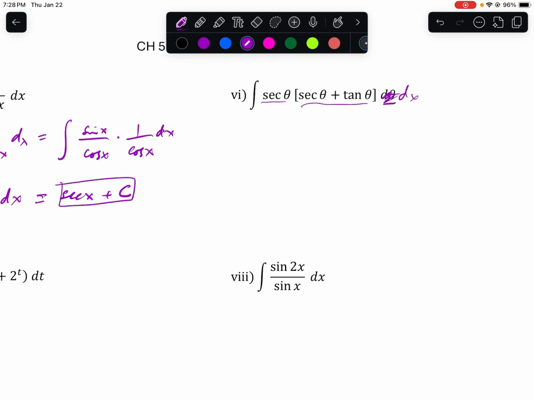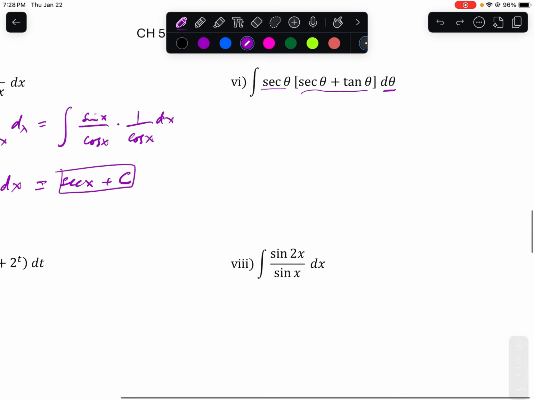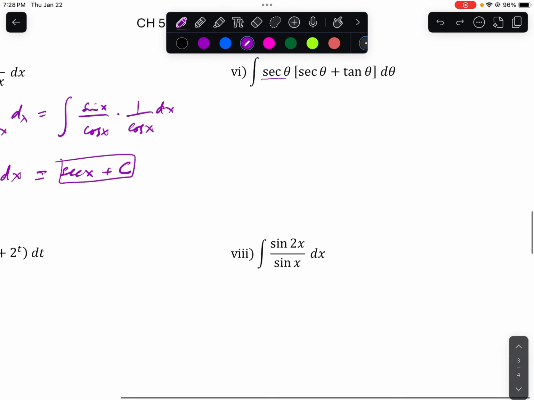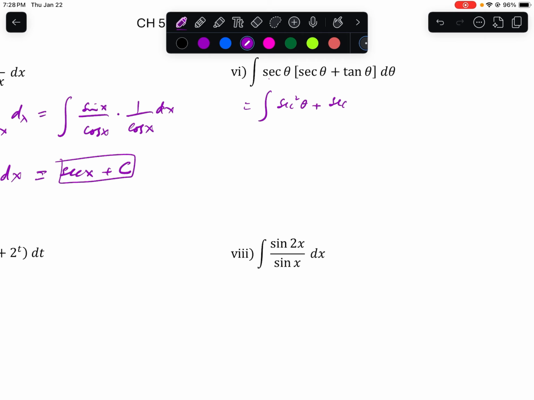So keeping it the same way with the theta, what can we do? Since this is a product and we don't know the product rule yet for integration, what will we do? Distribute. So if you distribute, you get secant theta times secant theta, which is secant square theta, plus secant theta times tangent theta d theta.